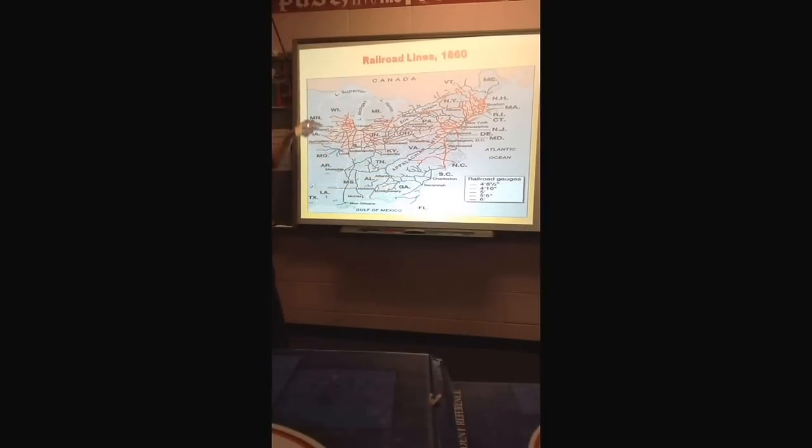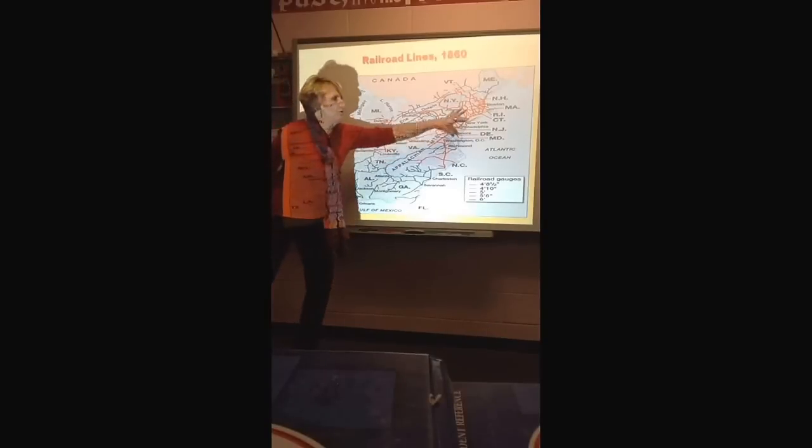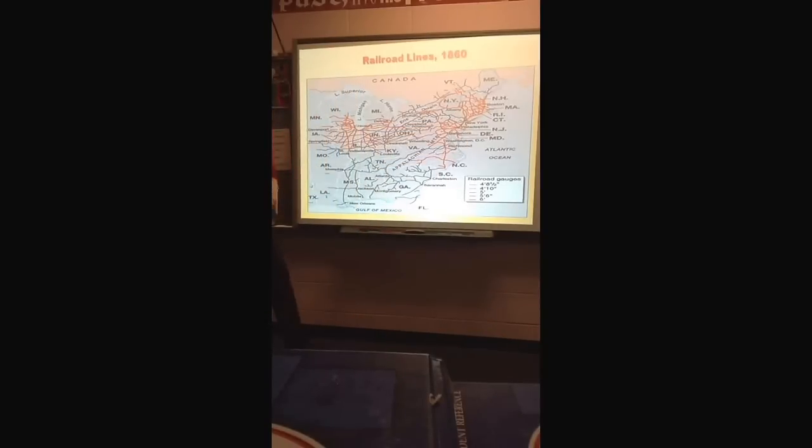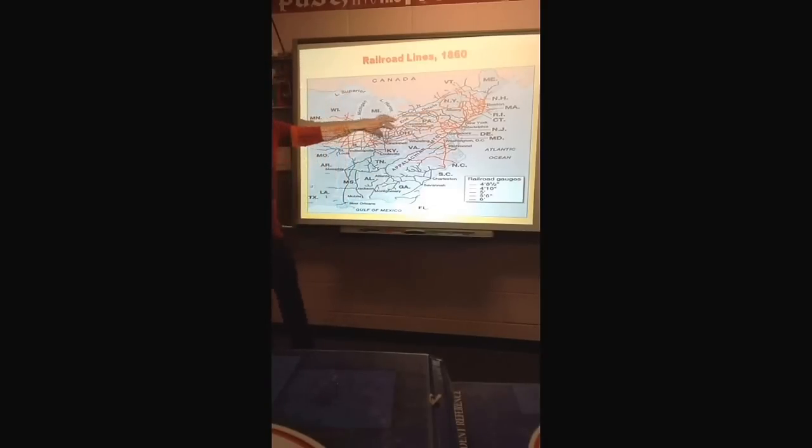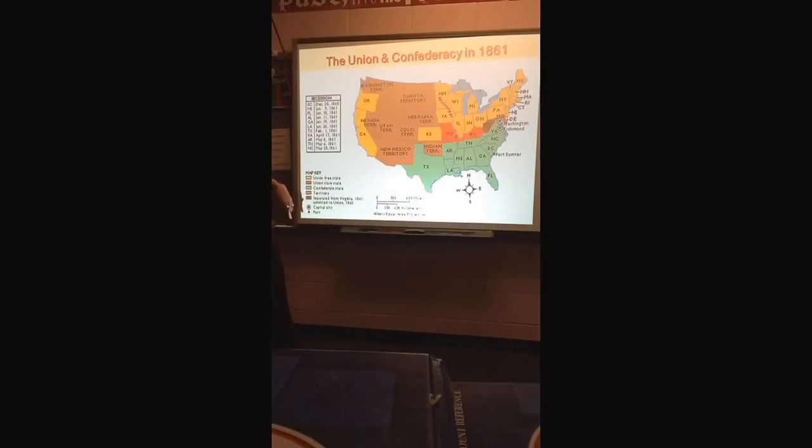You can see, especially in what we call the breadbasket of the farmland in Illinois, Indiana, Iowa, Missouri, all these railroad lines moving supplies and food to the factories, and the factories using those resources to make things for the troops. So much easier movement.